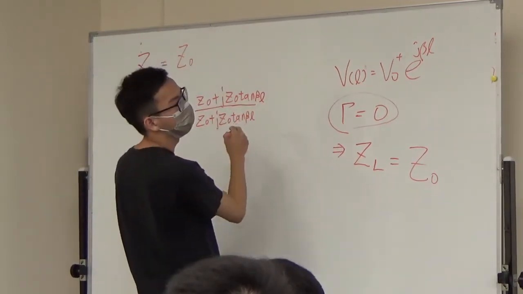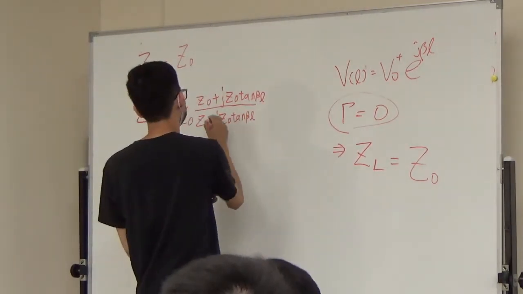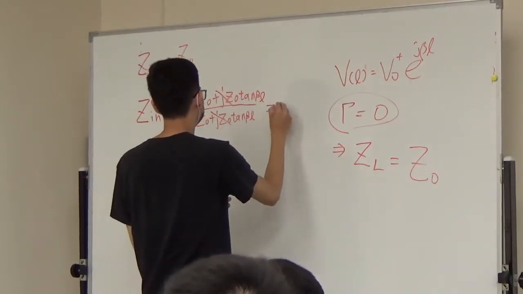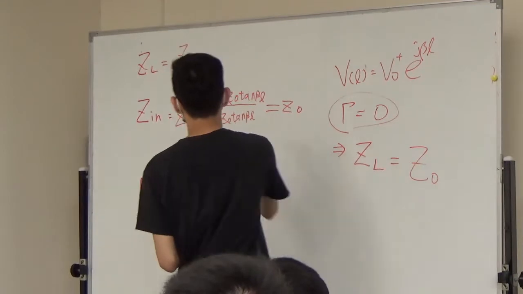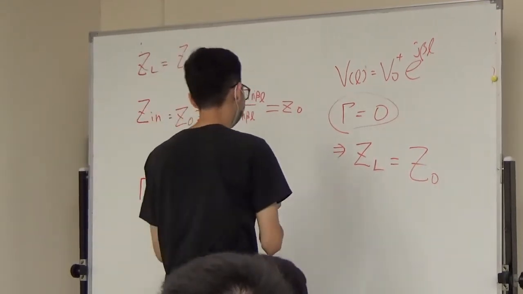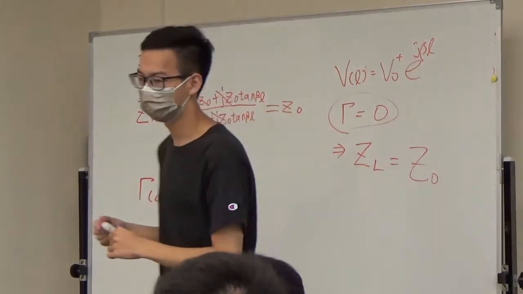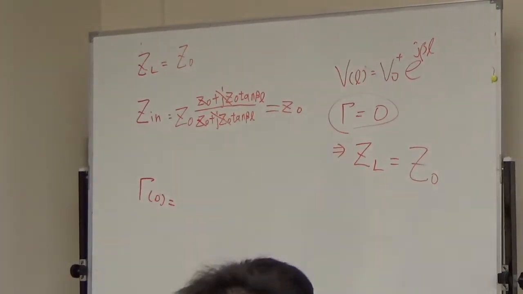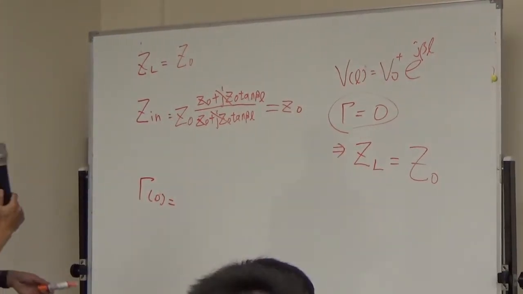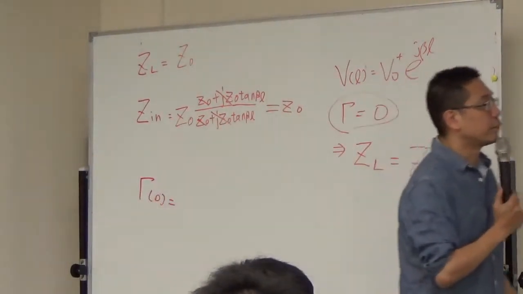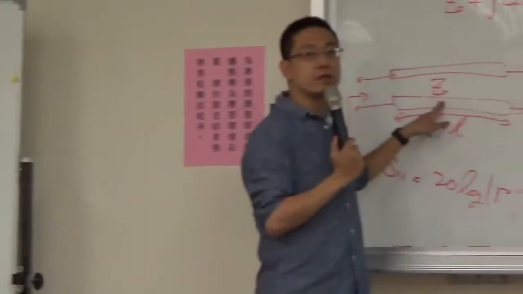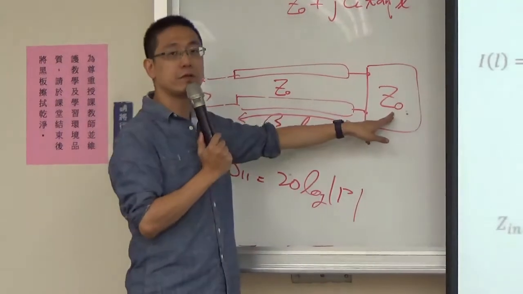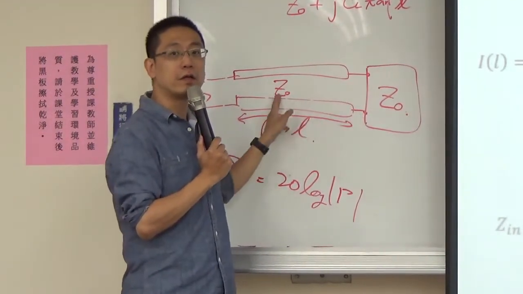Two points. If your transmission line has a characteristic impedance Z0, connect to Z0, everywhere it is Z0.